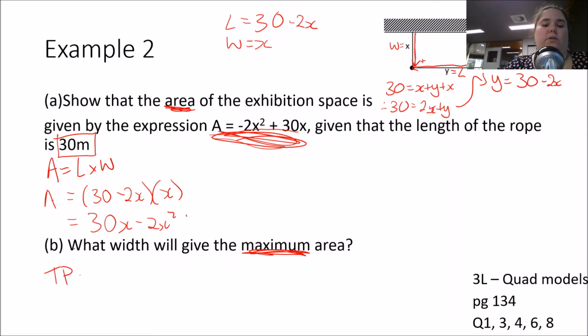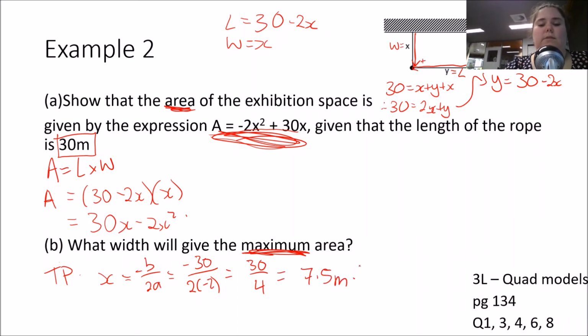Okay, well I know I need to find x because that's going to be my width. So that's negative b on 2a. Alright, well for this one that's negative 30 on 2 times negative 2. So that's 30 on 4, which is 7.5 meters. So the width that will give the maximum area is 7.5 meters.